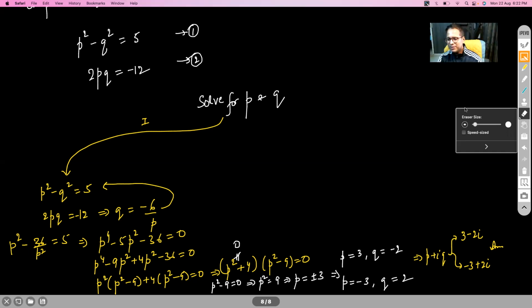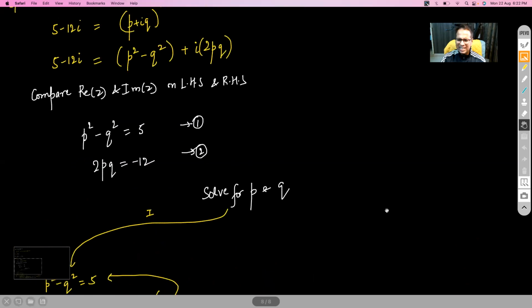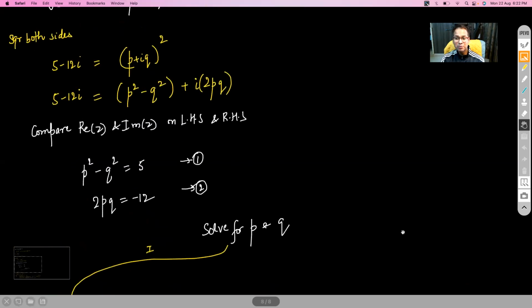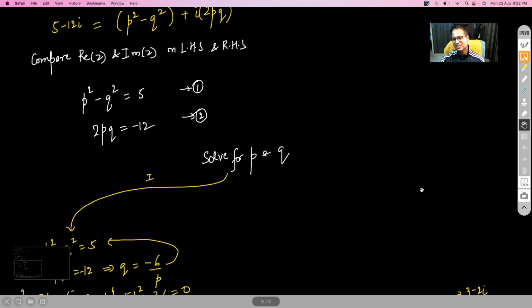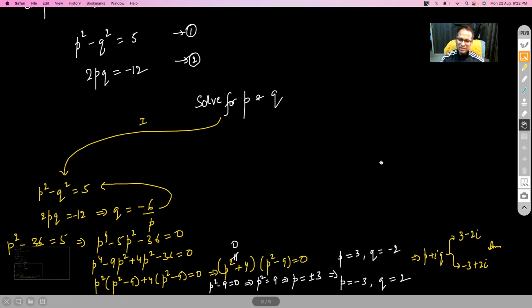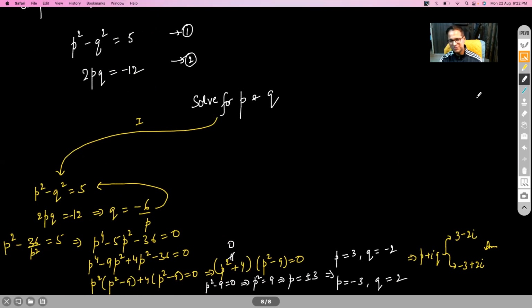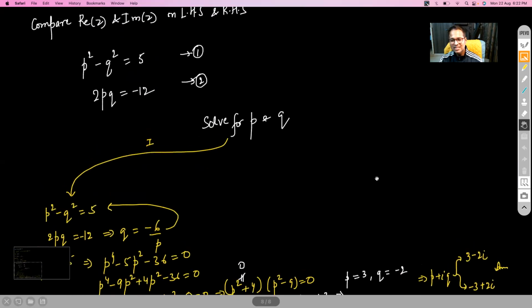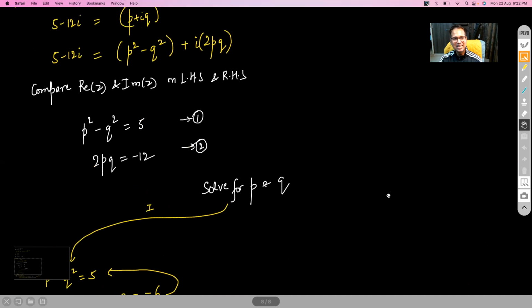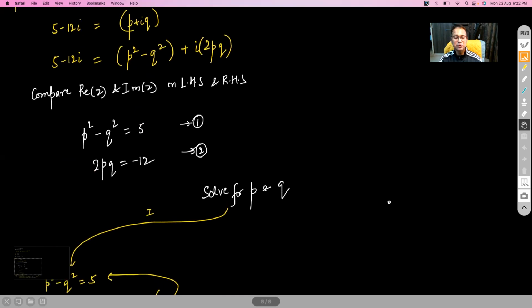Please repeat why p square plus 4 cannot be 0. Why can it be 0? I would like to know from you first. If you justify it can be 0, I will also justify it cannot be 0. Tell, why do you think p square plus 4 can be 0?